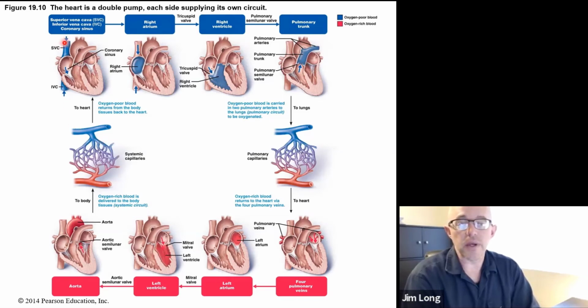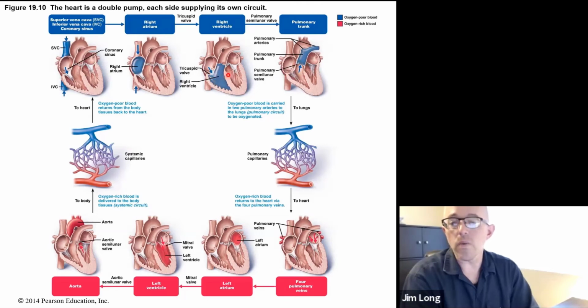And so here's the blood in the systemic veins, the superior vena cava and the inferior vena cava. And in the next interval of time, that blood's going to have moved into the right atrium, past the tricuspid valve into the right ventricle.